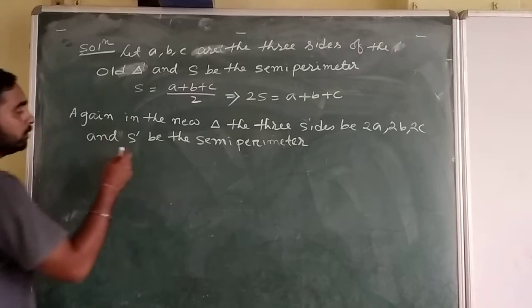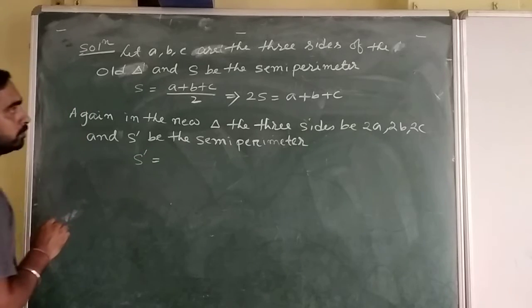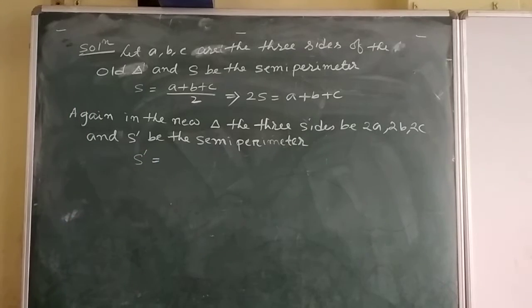So by the formula, S dash equals, the sides are twice A, twice B, and twice C.